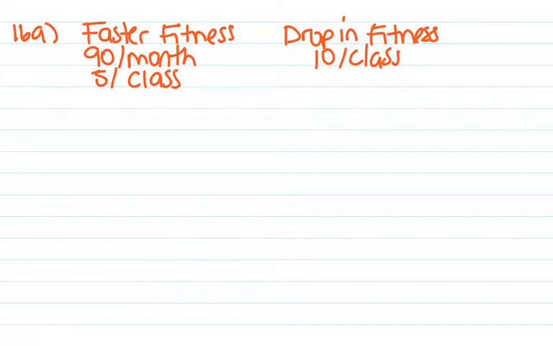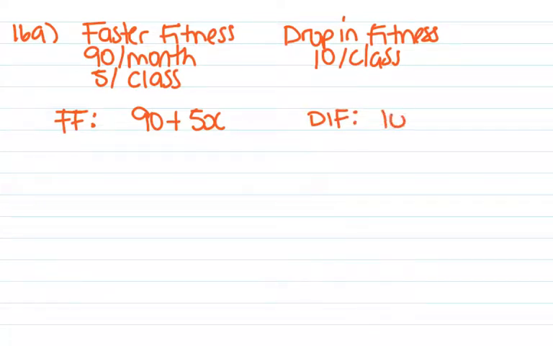So we need to write an equation for each one. Faster Fitness would be $90 plus $5 per class, or 5x. And Drop-In Fitness would just be 0 because there's no membership fee, plus 10 times each class, or times x. So that's the cost. So we could say cost equals.